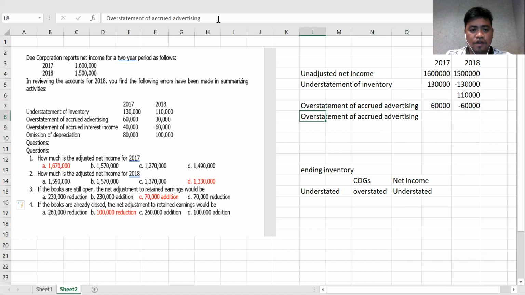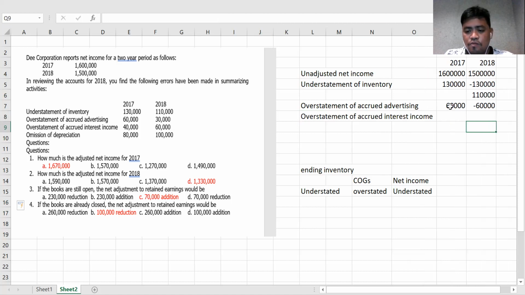Next would be overstatement of accrued interest income. If your accrued interest income is overstated, meaning you over-accrued the income, your interest income is overstated.